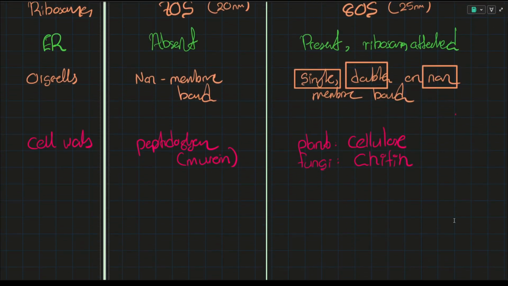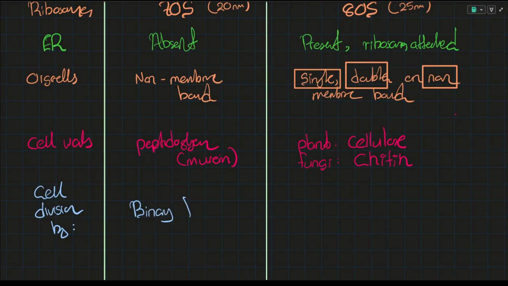Okay, cool. The final mention under this would be cell division. How these things undergo cell division. Bacteria are very simple prokaryotic organisms. They can just basically split into two. That process is known as binary fission. While for eukaryotic cells, that cannot just happen. You can't just split the cell in two. You have to replicate organelles, you have to replicate DNA, and then only the cell can split in two.